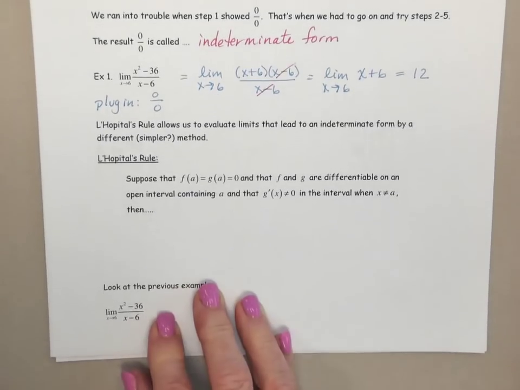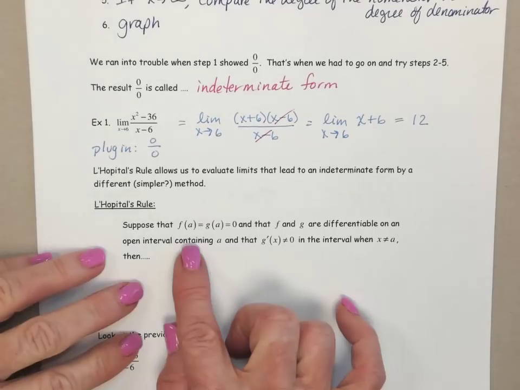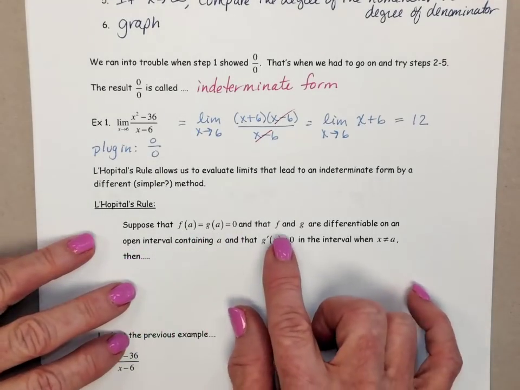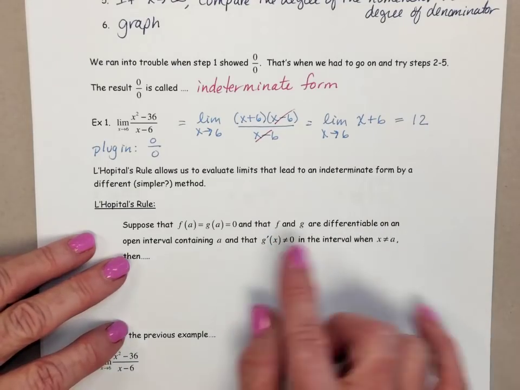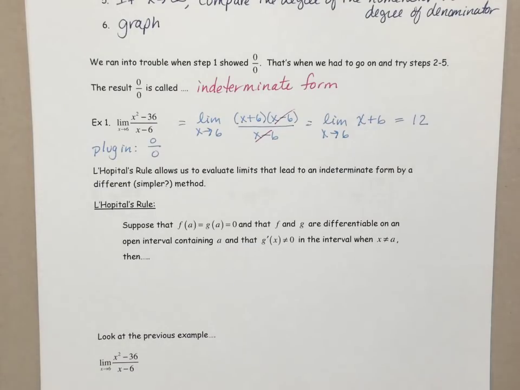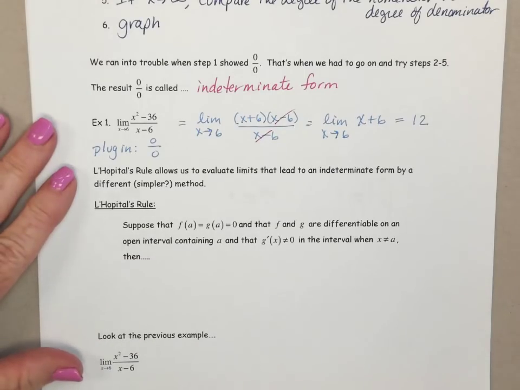His rule says, suppose that f of a equals g of a equals 0, and that f and g are differentiable on an open interval containing a, and that g prime of x is not equal to 0 in the interval when x is not equal to a. Then, all right, here it is.